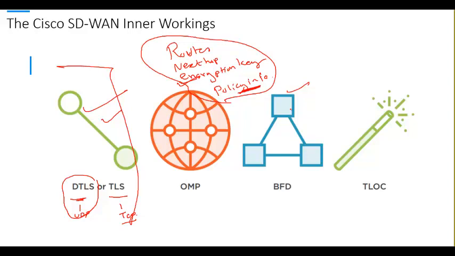This abstract layer builds the secure overlay fabric on top of this public and private transport. It can be via MPLS, via internet, or via LTE. So we don't really worry about what actual link or what actual transport IP address we are using.